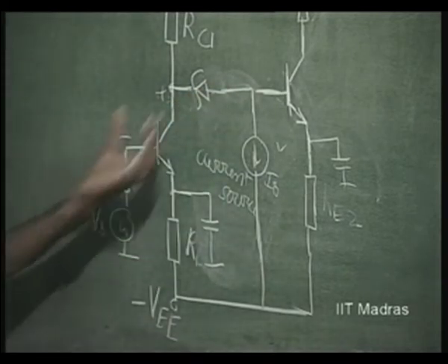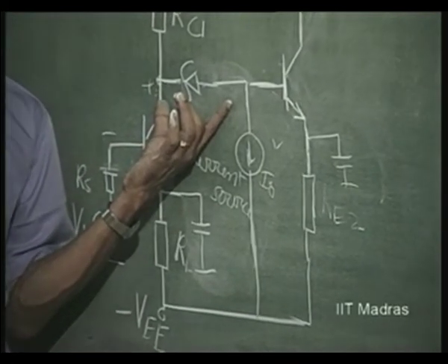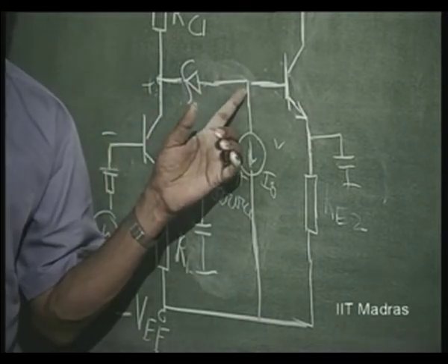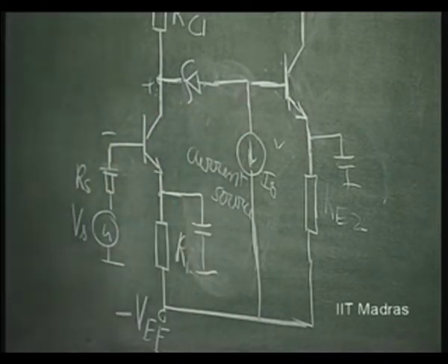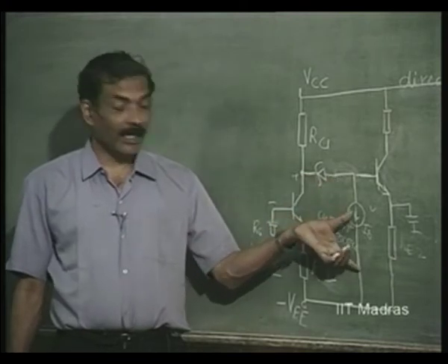Okay. So Zener diode will drop a DC. As far as AC is concerned, it is very nearly a short circuit. So this kind of thing requires something like a Zener diode and a current source.